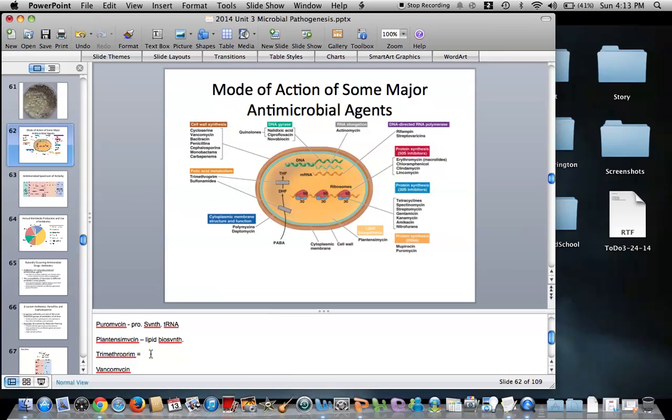Interesting. Mnemonic for this one. Trimeth, that's like 3 months, and that would be part of pregnancy, and therefore it's whatever would affect folic acid.